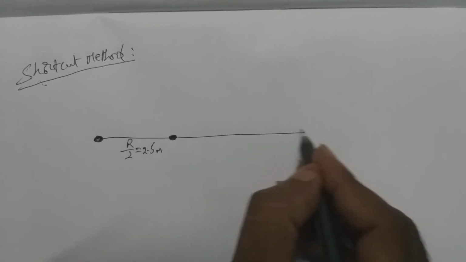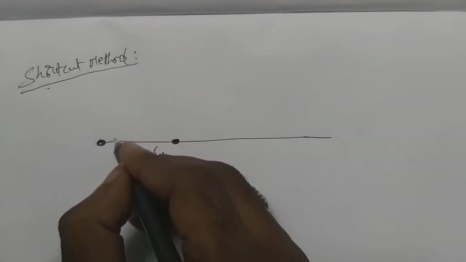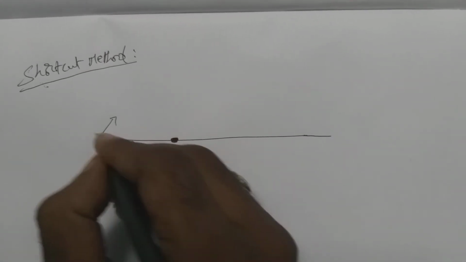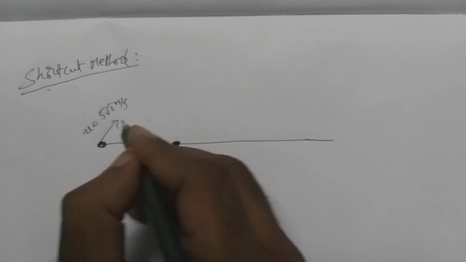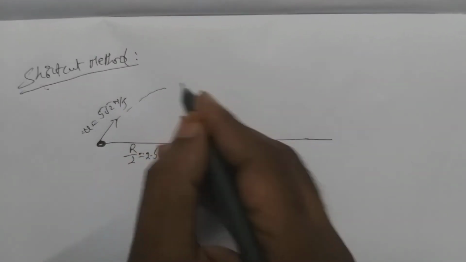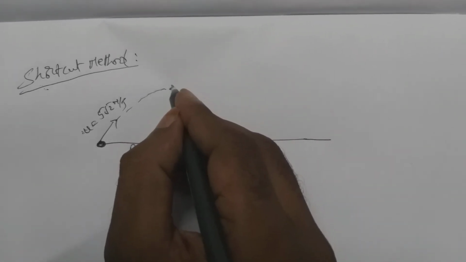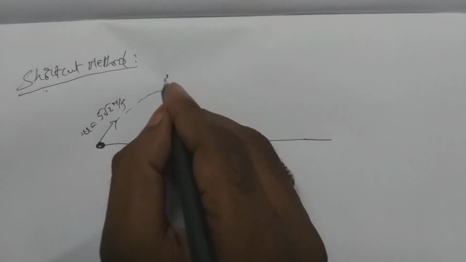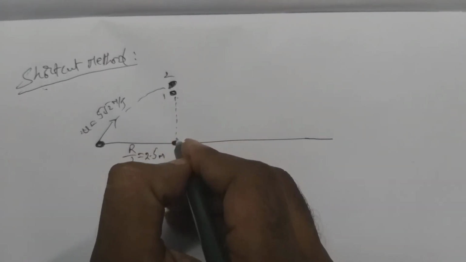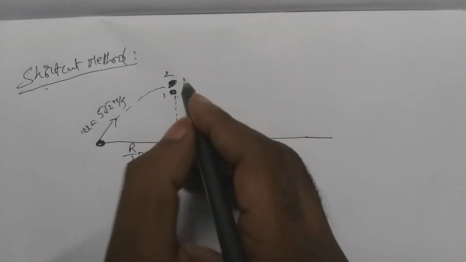See, the particle is projected with an initial velocity u equal to 5 root 2 meter per second. It follows a parabolic path. At its highest point, it splits up into two fragments. One fragment falls vertically downwards freely and lands here.